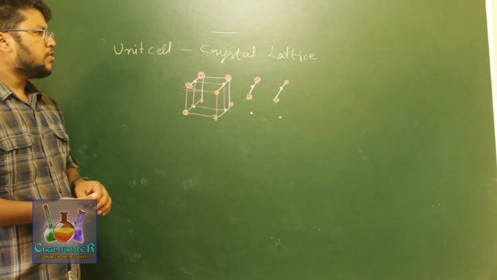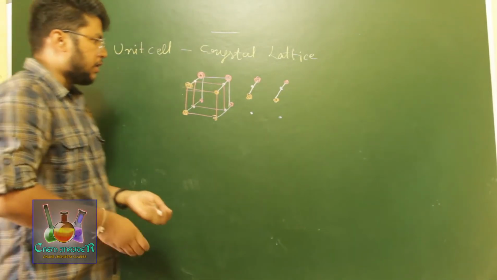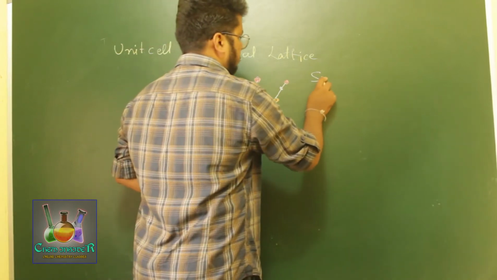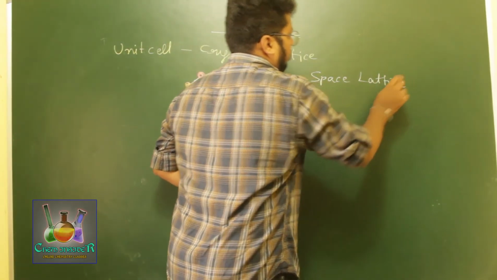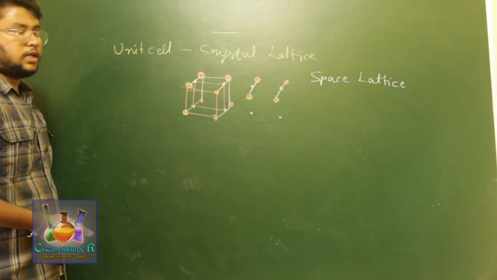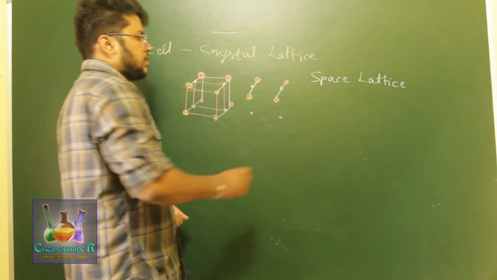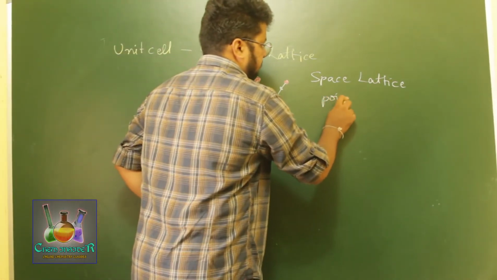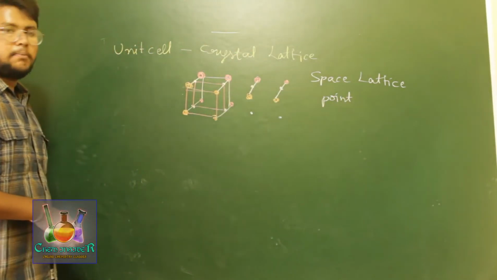So what is a crystal lattice? A crystal lattice is also called a space lattice. Space lattice means the points on which a crystal's structure can be drawn or a crystal's geometry can be formed. A space lattice or crystal lattice is a set of points on which the geometry of a crystalline solid can be formed.